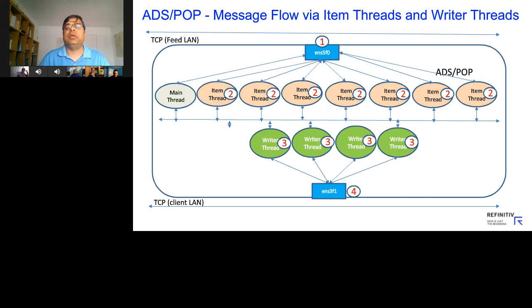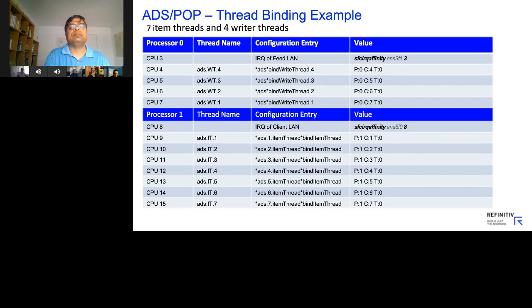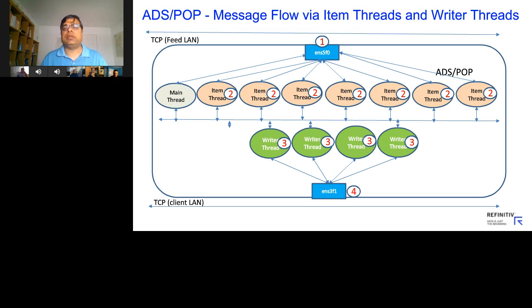And obviously, the message flow is pretty straightforward. You can see the data comes in through the top NIC into the ADS-POP software, goes through the item thread, and then on to the writer threads based on the interest, and then to the south NIC.